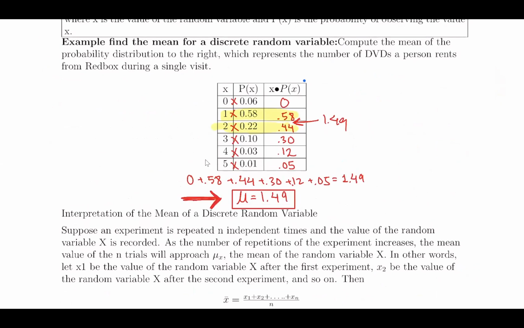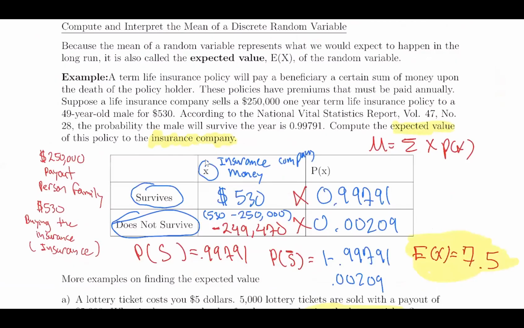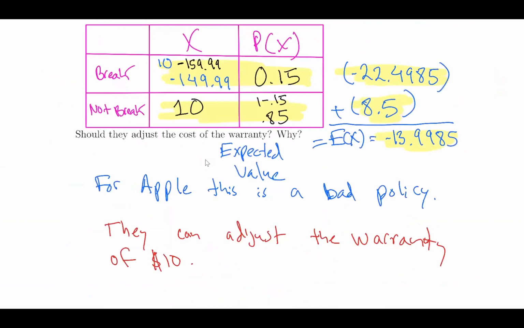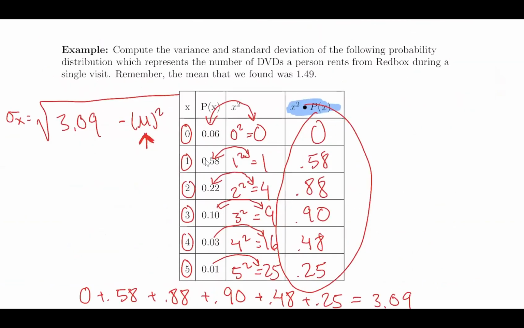We found it to be 1.49. So that's what I'm going to put for that mean. So 1.49. All right. Any question where the 1.49 comes from?